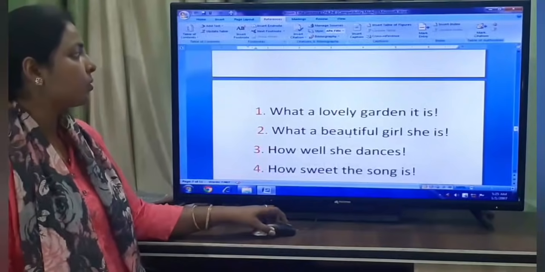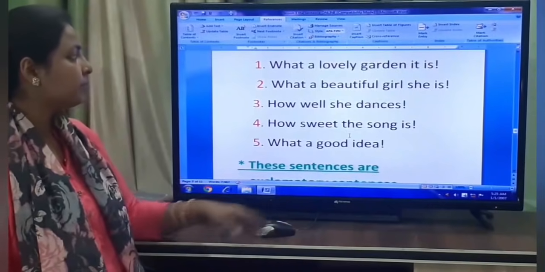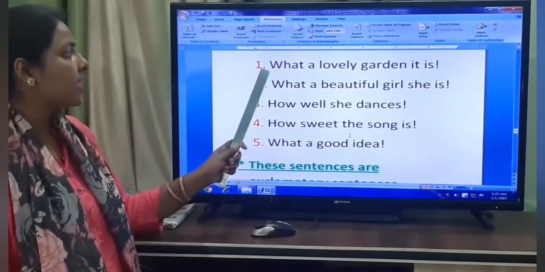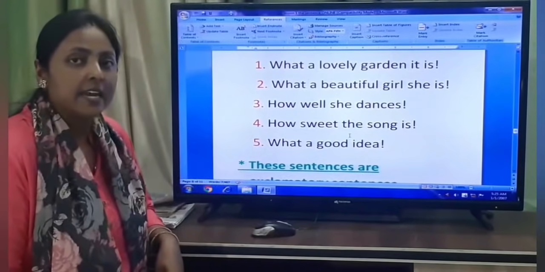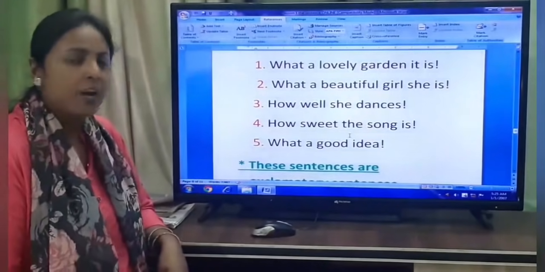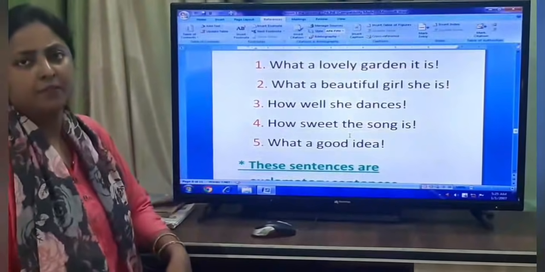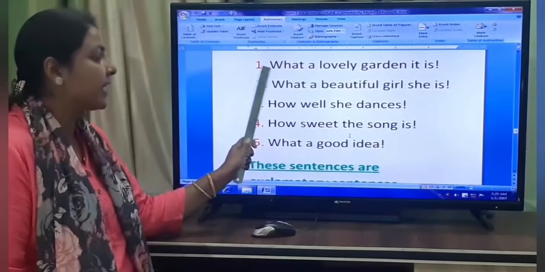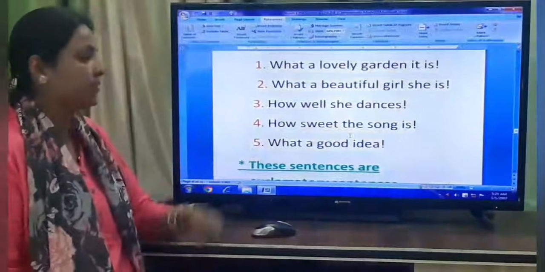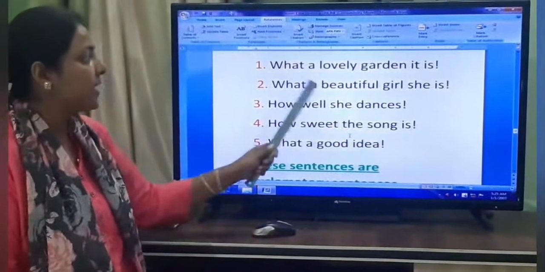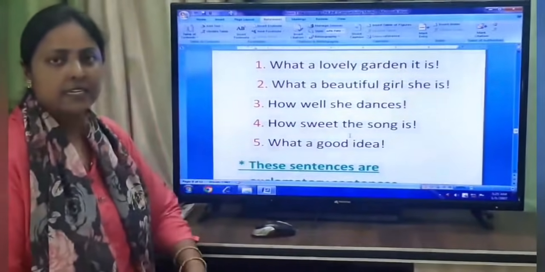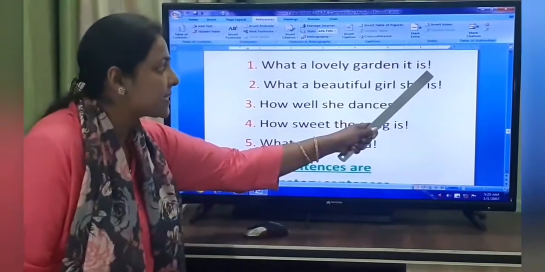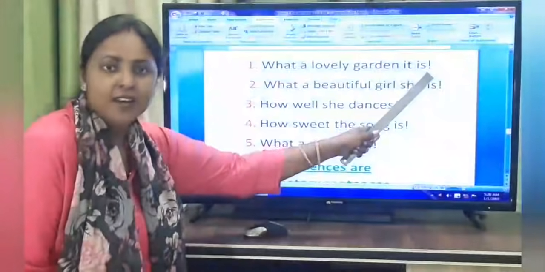Here we go through some examples. The first example, what a lovely garden it is. Now let's see, children, here. The first letter I have written with the capital letter. What a lovely garden it is. And at the end of the sentence, which mark it is? Tell me.